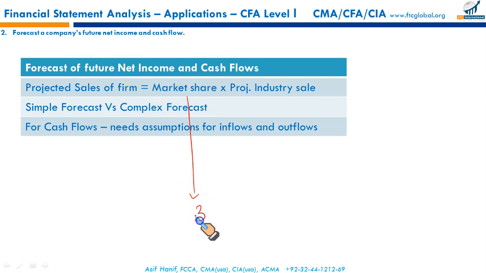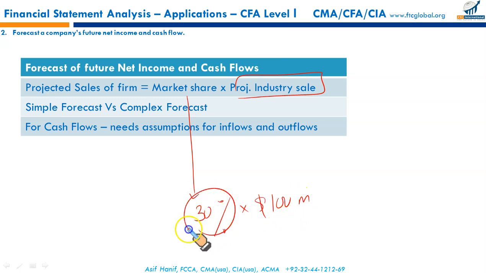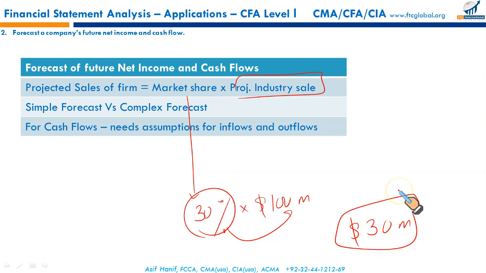Let's say my company holds 30% share in the market, right? Projected industry sale. If the projected industry sale is, let's say, $100 million, it means since I hold 30% of the market, my sale is expected to be 30 million. Now that's the starting point. Sale is the starting point upon which the complete structure of pro forma financial statement is built.